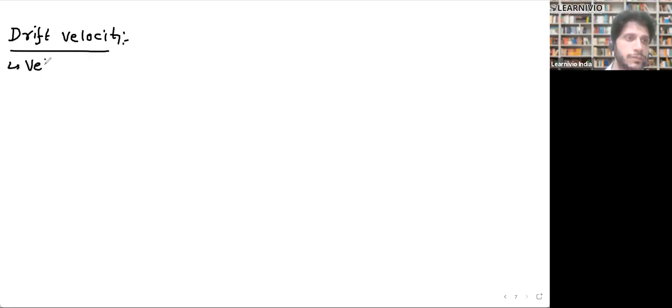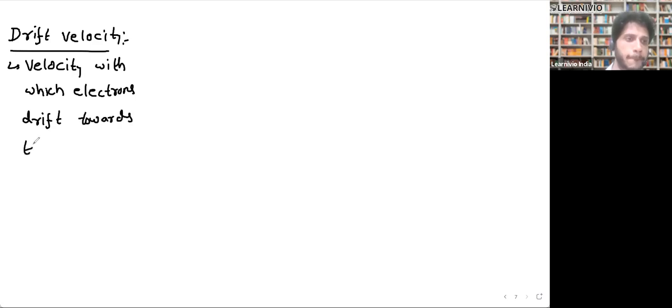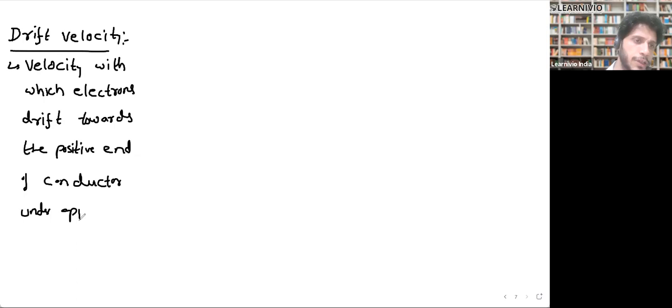So it's the velocity with which electrons drift towards the positive end of the conductor under application of an electric field.